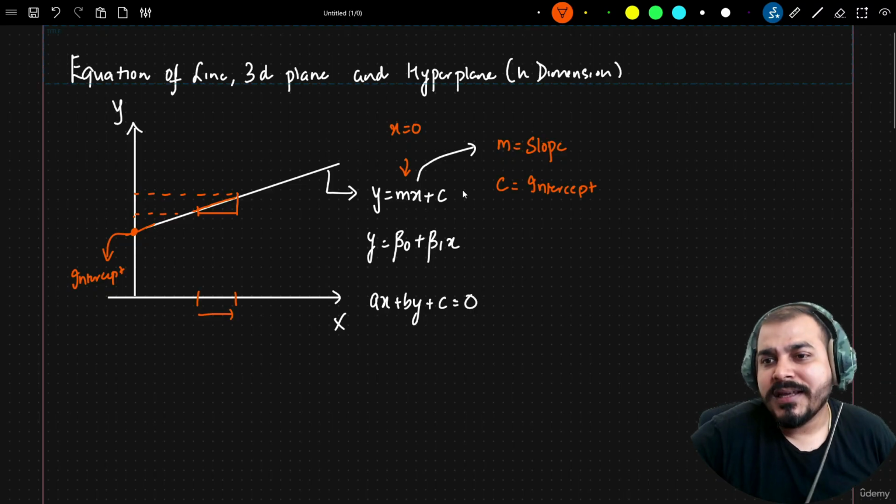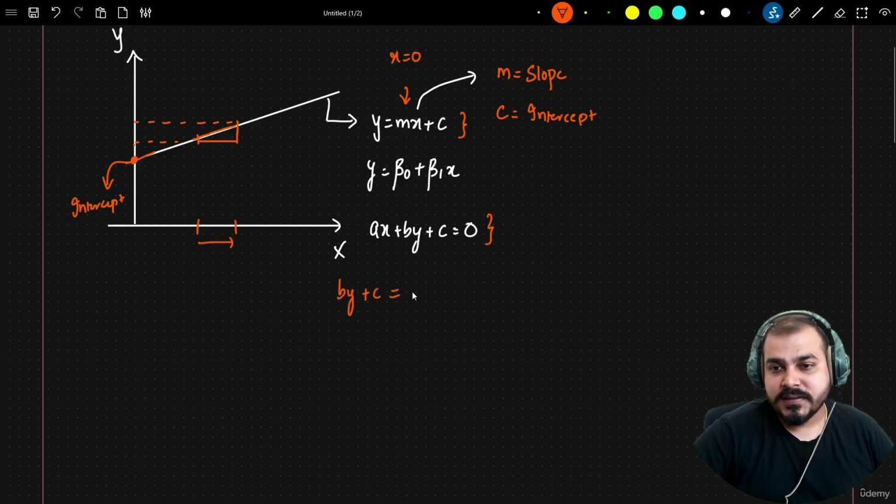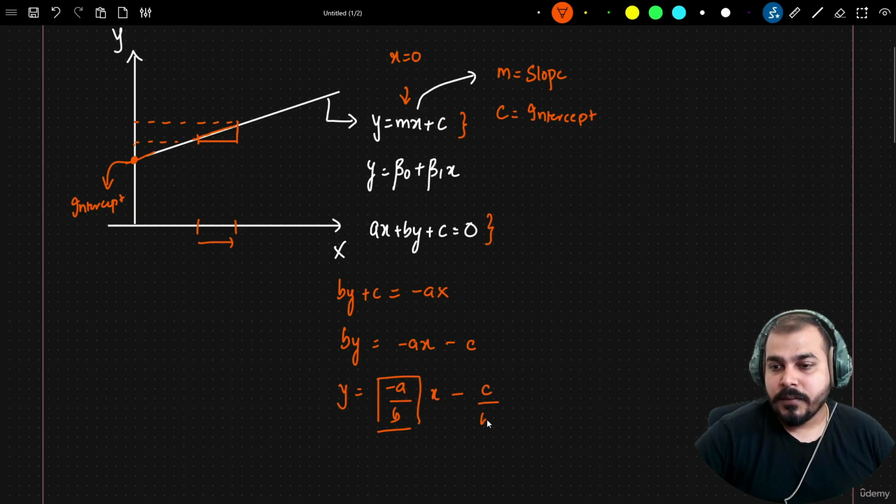Now you may be thinking, Krish, how are this and this particular equation one and the same? Let's consider over here, guys. Let's say this is my equation, and now I can write something like this, right? So by plus c is equal to minus ax, then by is equal to minus ax minus c, and finally y is equal to minus a by b, this is one component, multiplied by x, minus c by b.